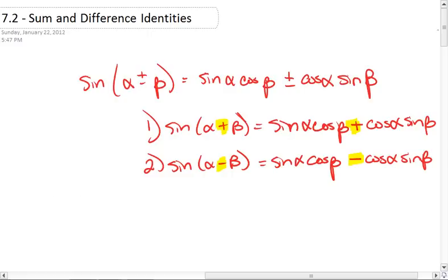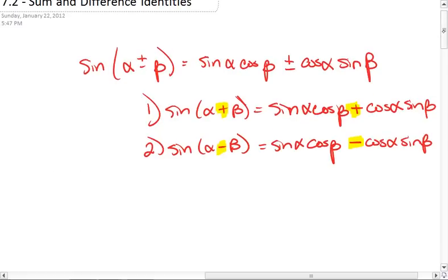And I will show you some examples where we'll actually use numbers, or I actually can show you one of those right now. Let's say we were looking at sine of 75 degrees. Well, yes, we could plug this into our calculators, but we can also solve this using our unit circle. If we break apart 75 to be sine of, let's say, 45 degrees plus 30 degrees.